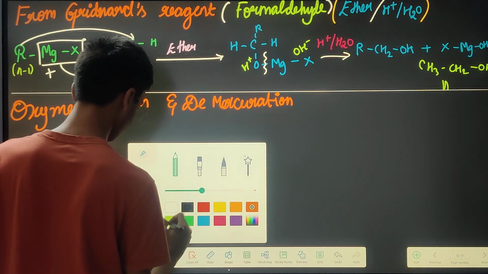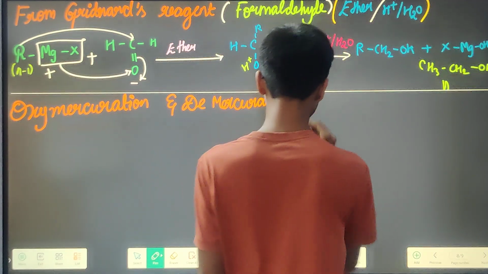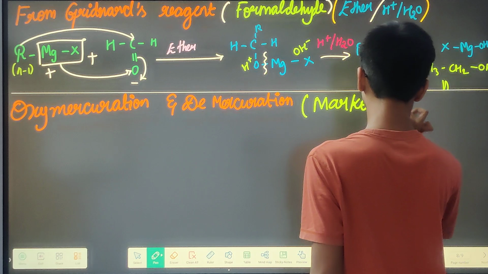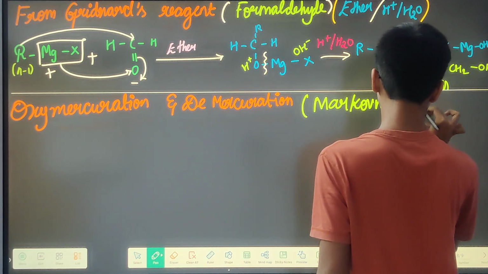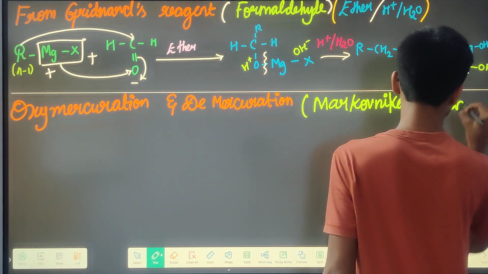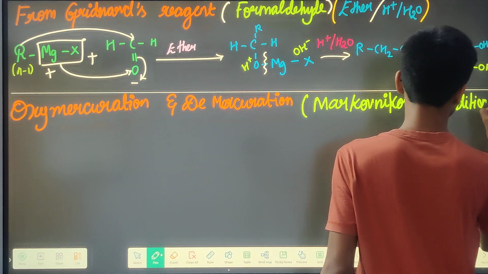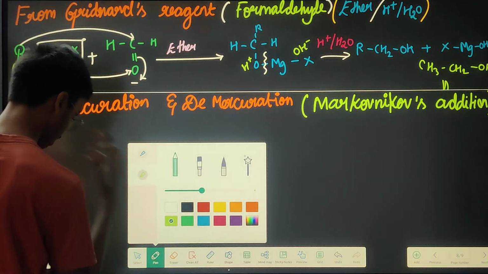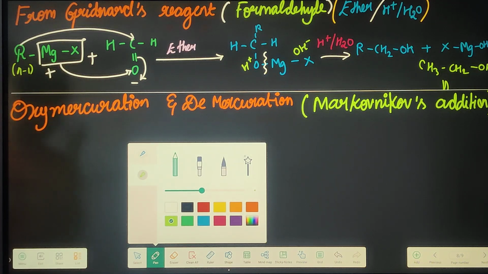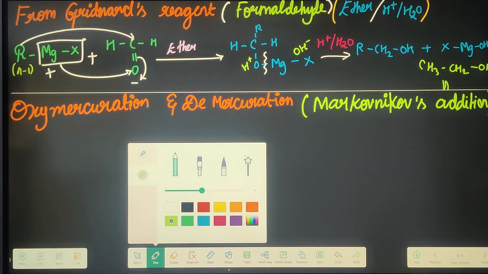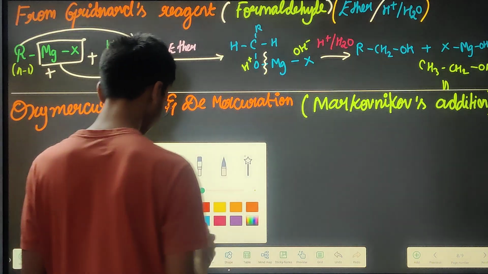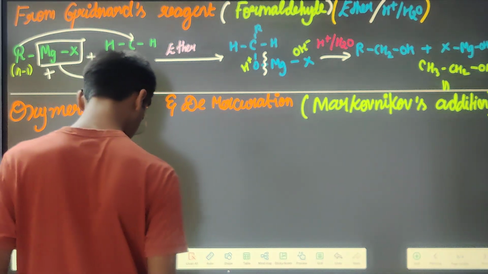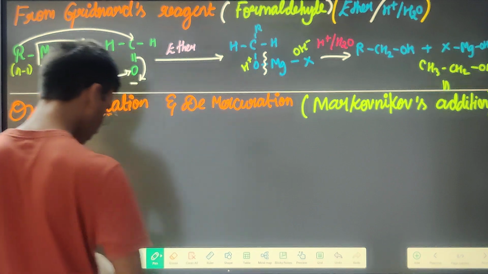This is actually none other than your Markovnikov's addition. So what is this oxymercuration and demercuration? First of all, this is also from alkene.